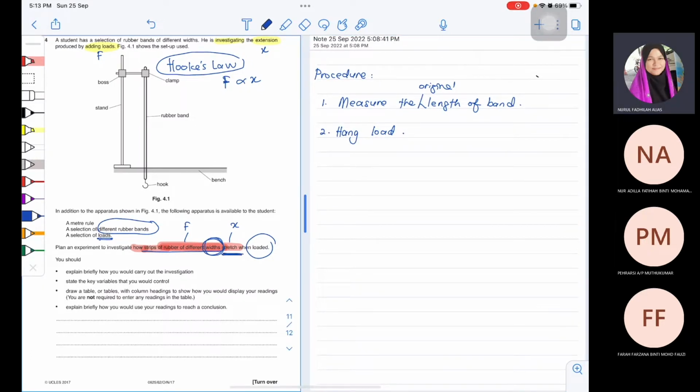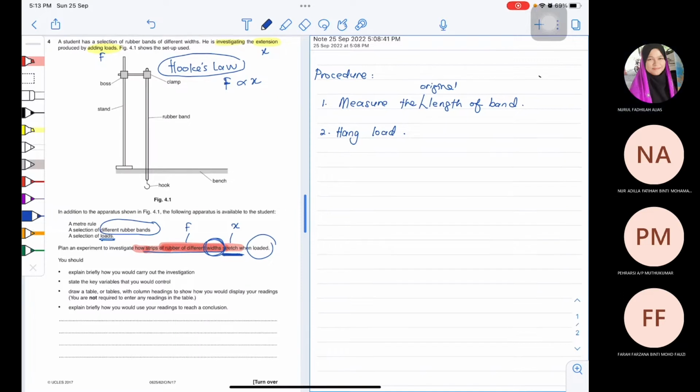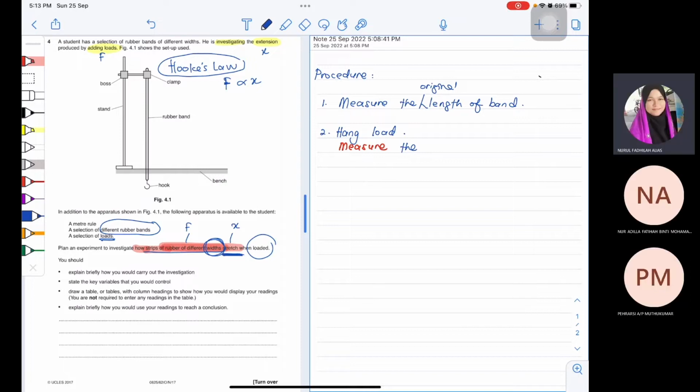So how do you get the stretching value? You have to do something. What's the action word? The action word is measure. What are you going to measure? Measure the new length of band. Okay, so this one is the original length, this one the new length.